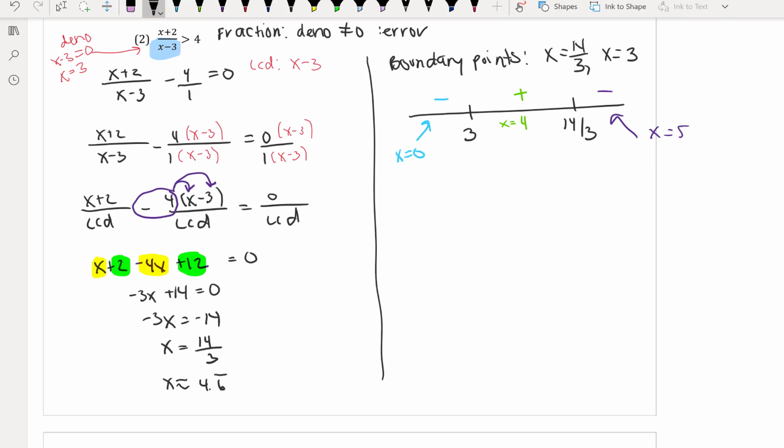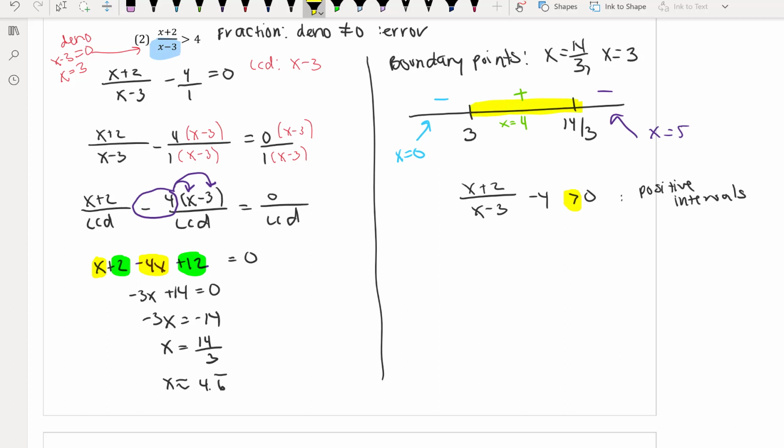And remember that I have (x + 2)/(x - 3) - 4 is greater than 0. So this tells me that I'm looking for my positive intervals, because it is greater than 0. So anything bigger than 0 is positive.